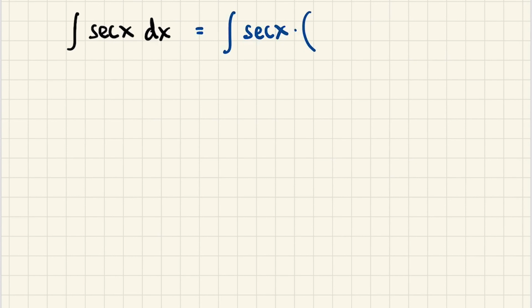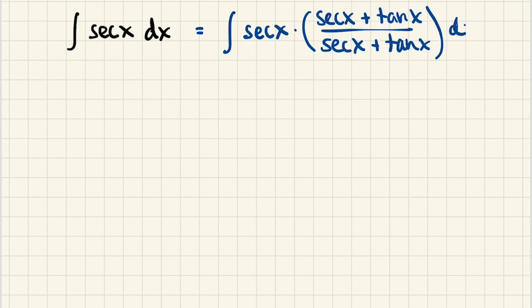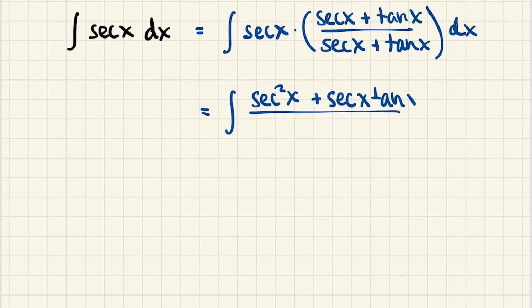We're going to multiply by secant of x plus tangent of x divided by secant of x plus tangent of x. So what do we get in the numerator? We get secant squared of x plus secant of x tangent of x. And in the denominator, we still have our secant of x plus tangent of x.